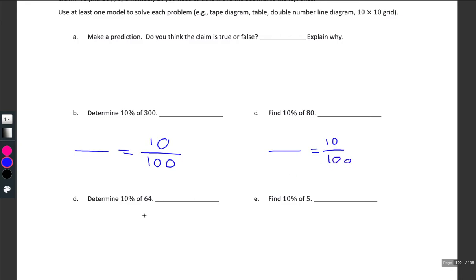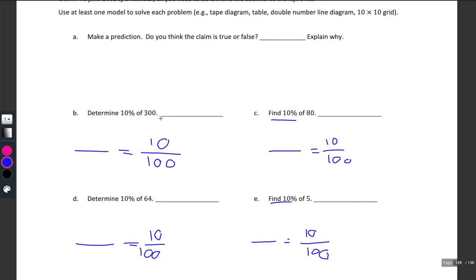I'll try and do this kind of quickly, so it might be a little messy, but it's just for following along. Equals 10 over 100. I'm just setting all these up because all these say find 10%, find 10%, determine 10%, same thing. Okay. So determine 10% of 300.